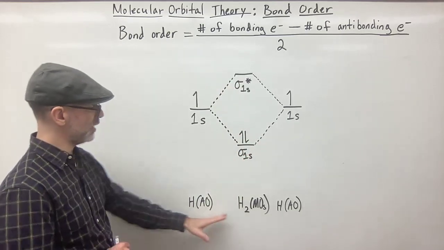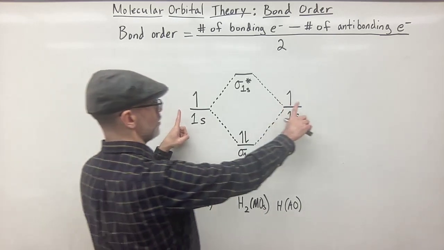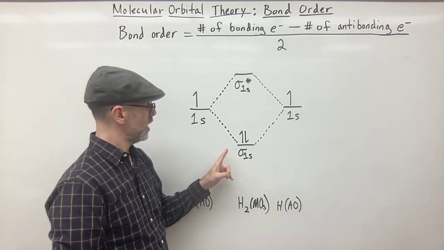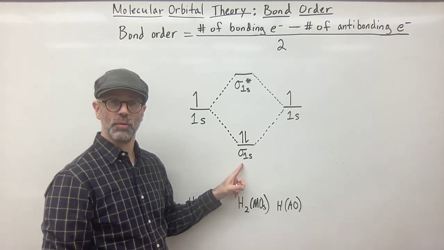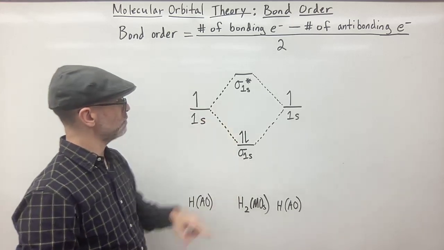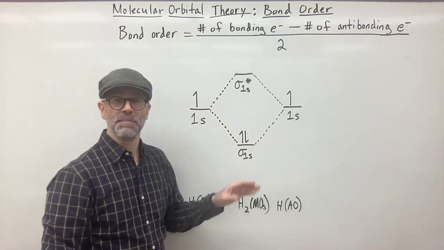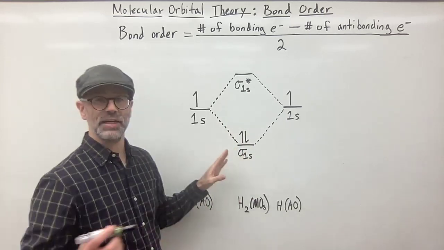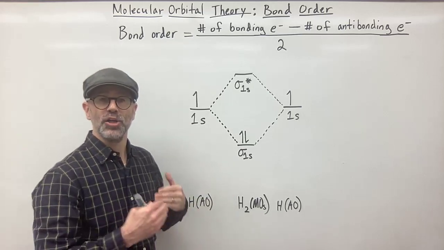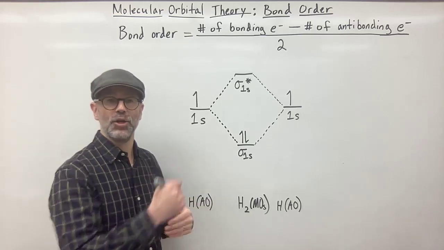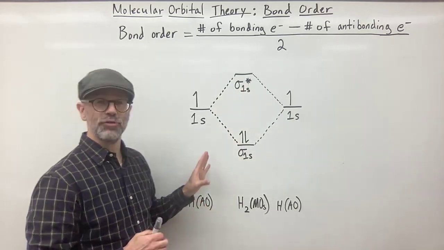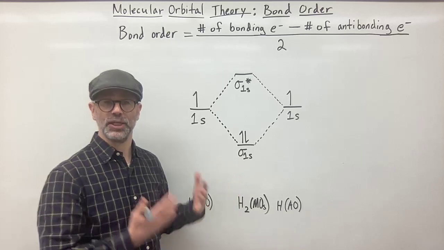Okay, so here's the hydrogen. The two electrons are going to come together. We're going to fill in the lowest energy level first. So the sigma 1s molecular orbital gets filled in first with two electrons. Now that is full, and we don't have any more electrons. Just like with your atoms, you can write out your electron configuration according to the orbital diagram. You also have electron configurations for molecular orbitals.